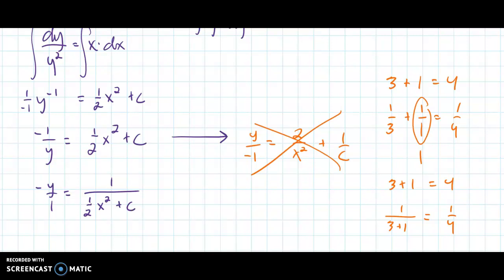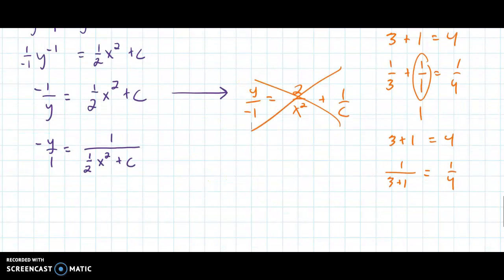And now, hopefully you should see that doing this operation, or getting that line that I just boxed from this line right here, is the same as what I did from here to here, and that's legitimate math to do. Now I can just multiply by a -1 and get y equals -1 over 1/2 x squared plus a constant.